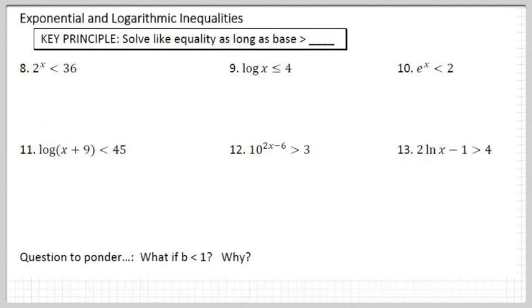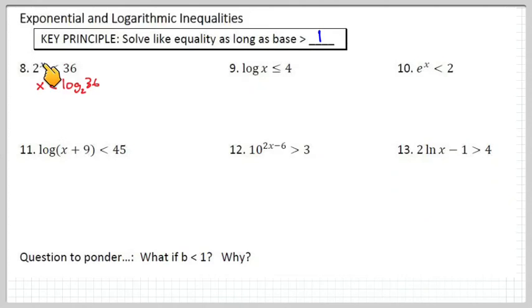Okay, last principle, inequalities. Instead of equal signs, when we have inequalities, the nice thing is we do the exact same thing as equalities as long as the base is bigger than 1. I'm showing here what I did, and I'm saving some steps. I'm not even showing all the steps I previously did.